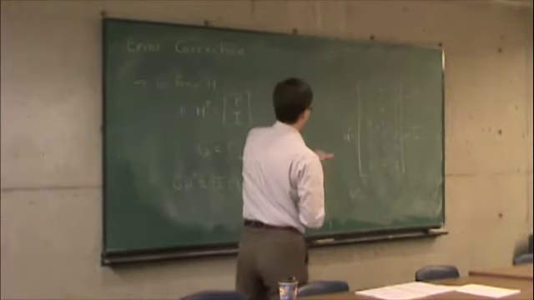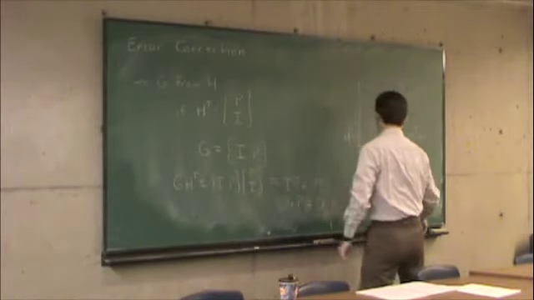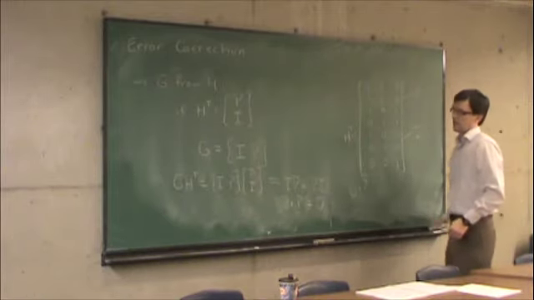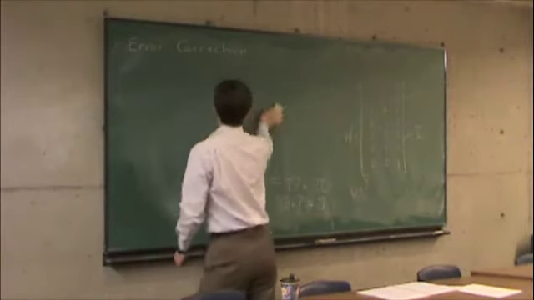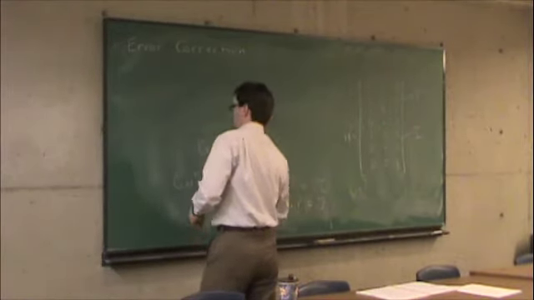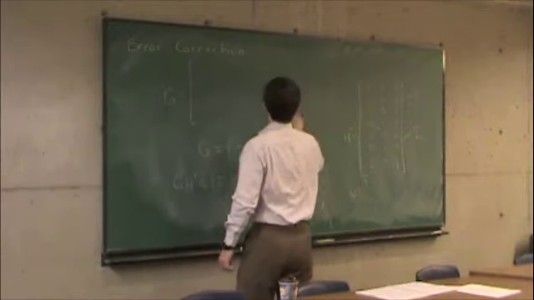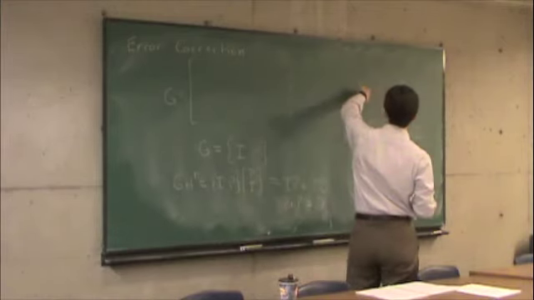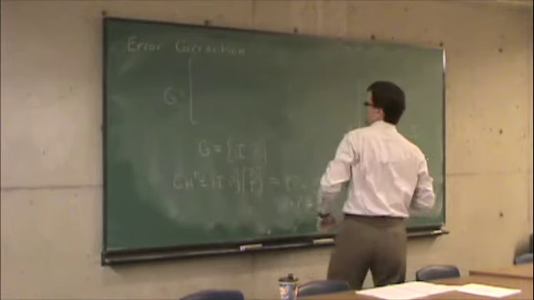So in this case, I have H, which I describe as P on top and I on the bottom. Doesn't matter what P is, but I has to be the identity submatrix. Therefore, G has to equal I P, and it's important to make sure the dimensions are right. So I have 1, 2, 3, 4 rows in P and 3 columns.